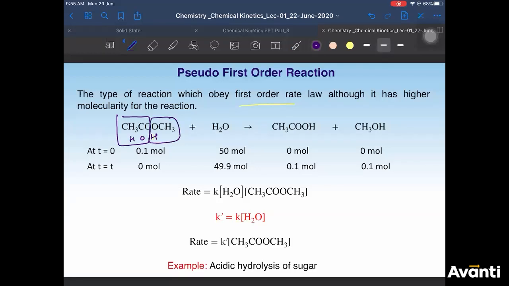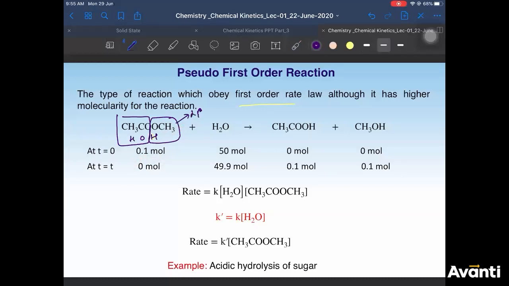Correct? Now, let's say you have started your reaction with 0.1 mole of ester and 50 moles of water. Correct? So initially your product is 0. After some time, the reactant remaining here, ester, is 0. That means this was your limiting reagent.